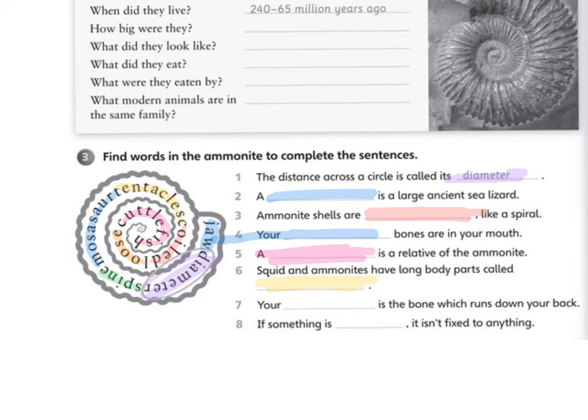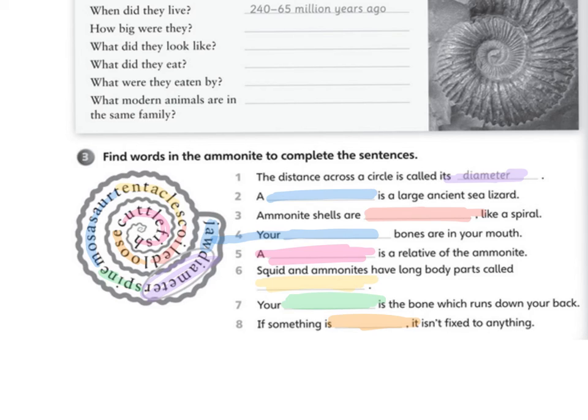Spine is the bone which runs down your back. That is spine. 8. If something is blank, it isn't fixed to anything. So what is fixed? Fixed is fijado or sujeto. So that is loose. Loose with a double O means flojo or aguado. Yes? So, these are the correct answers.